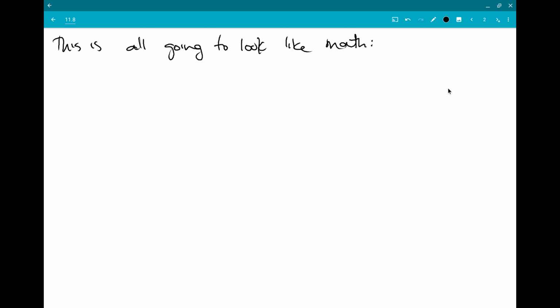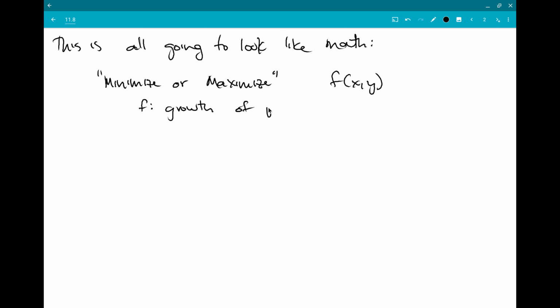And the optimization part should look familiar. So you're going to be told to minimize or maximize f of xy. So for example, f is growth of plant. X could be amount of fertilizer. Just pretend I wrote fertilizer well. Y could be amount of pesticide.